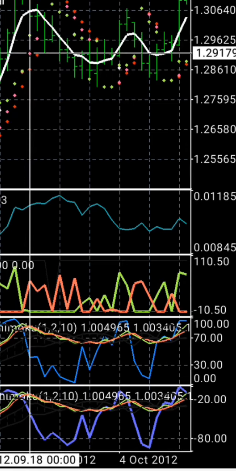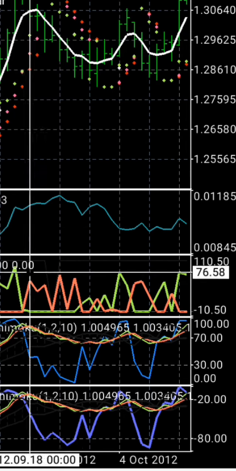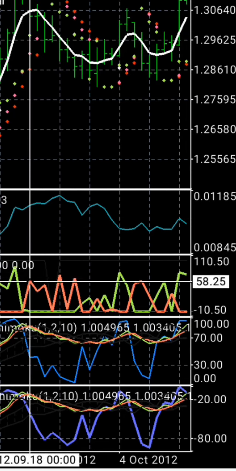Our RSI confirms that. Even the percentage R confirms that we are going south here. So at this point we have four of our indicators screaming that we should go south, and only the parabolic SAR contradicts it. So who do we listen to? The four indicators, of course.